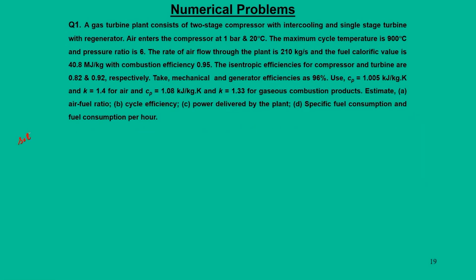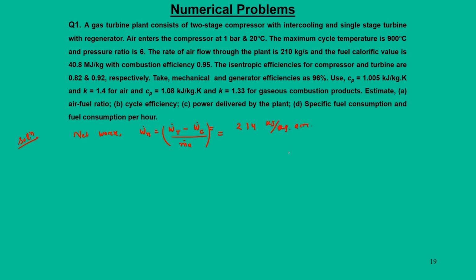Then we get net work, W dot N, which is W dot T minus W dot C, divided by m dot A. This number is 214 kilojoule per kg air.